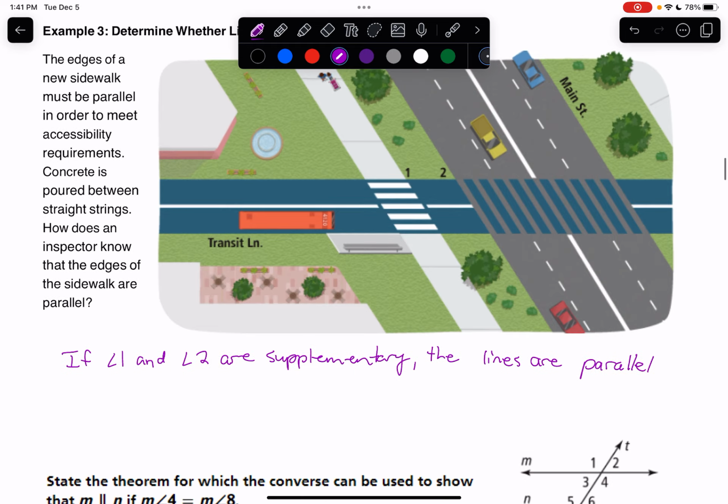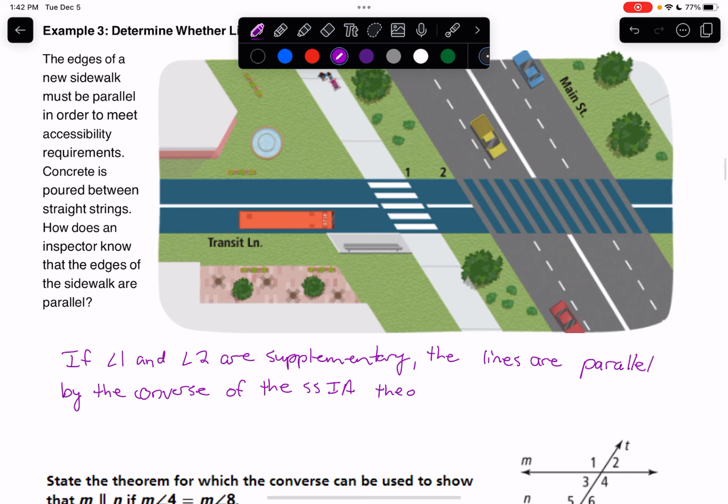We said it was the same side interior angles theorem. Remember, it's actually the converse of the same side interior angles theorem that allows us to say that the lines are parallel. So by the converse of the same side interior angles theorem.